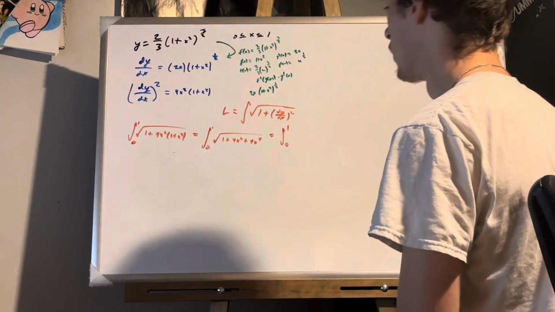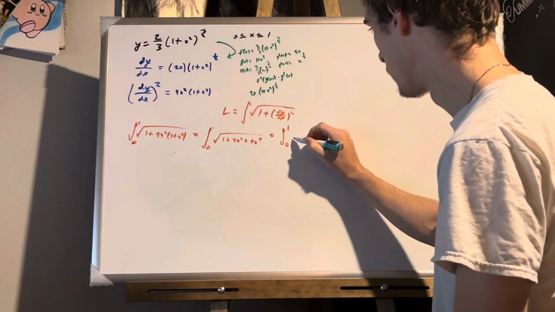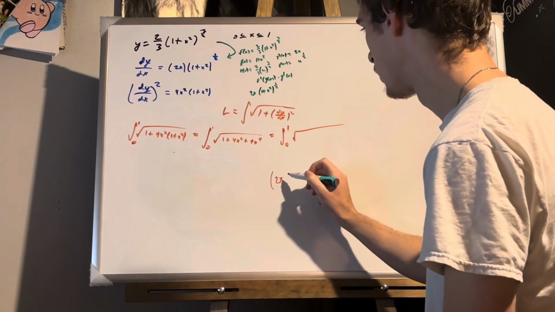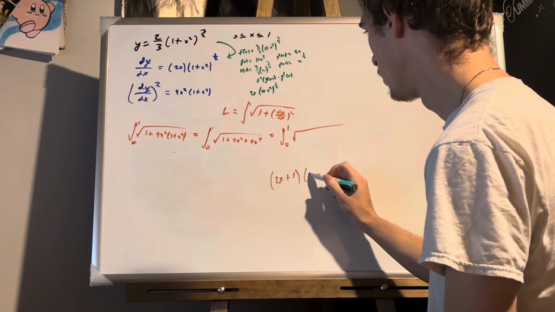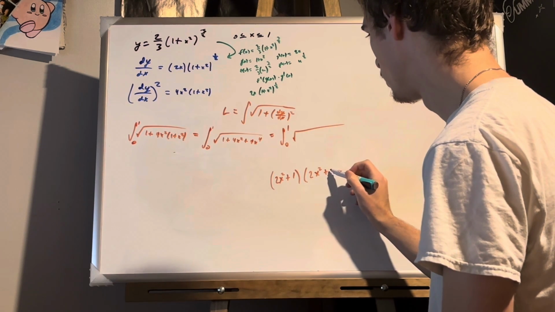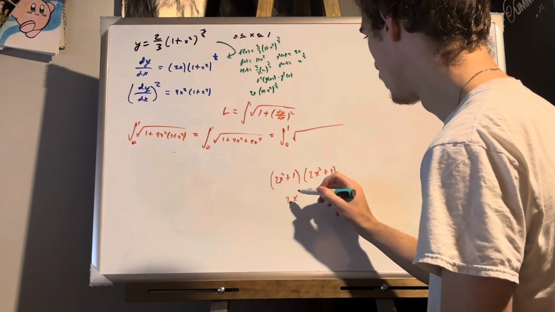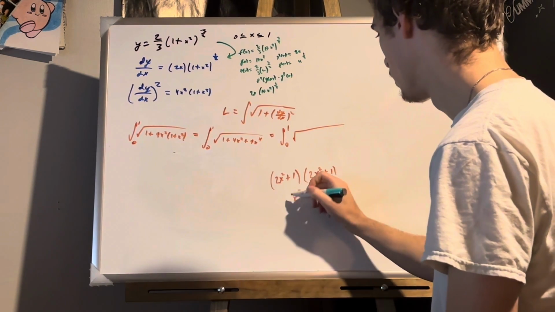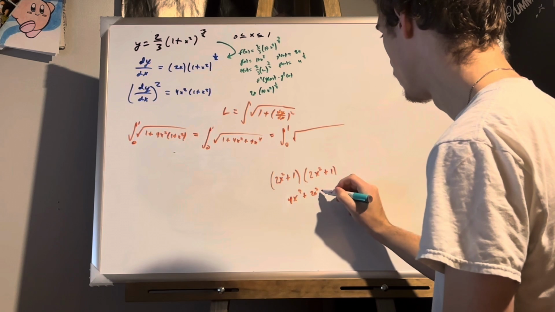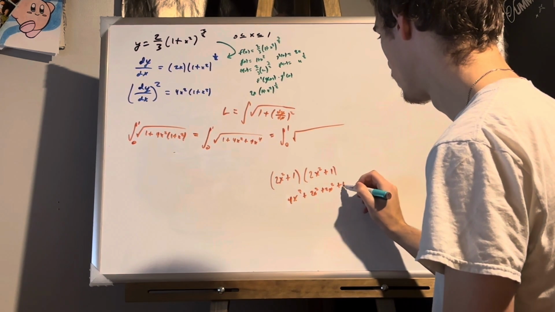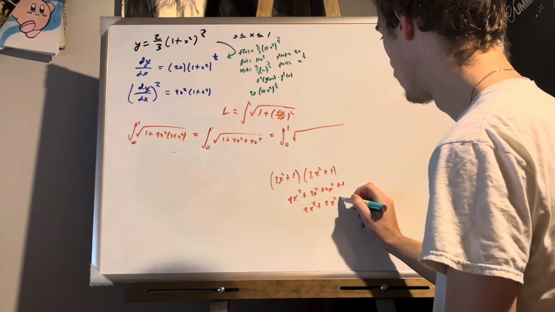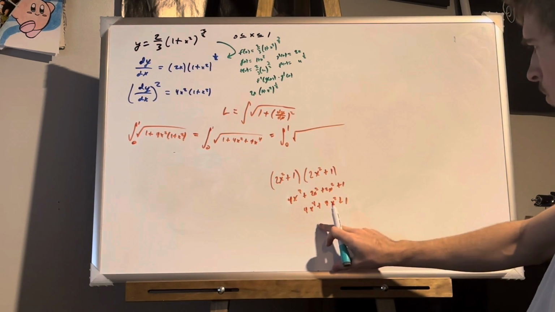Because this can turn into something we can factor out. 4x to the fourth plus 4x squared plus 1.